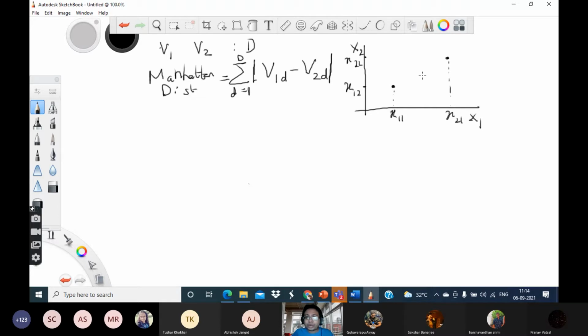So the Euclidean distance between these two points is nothing but the length of the line connecting them. This is the Euclidean distance, or the straight line distance.